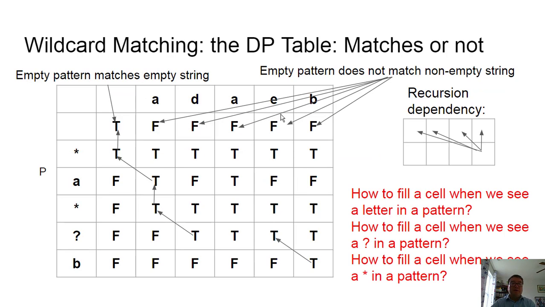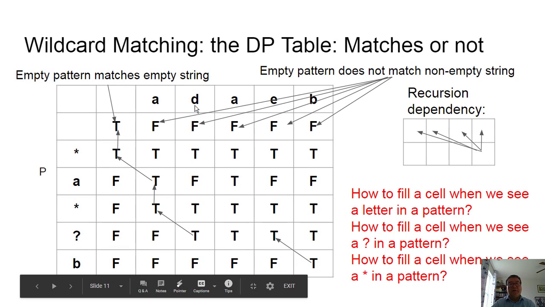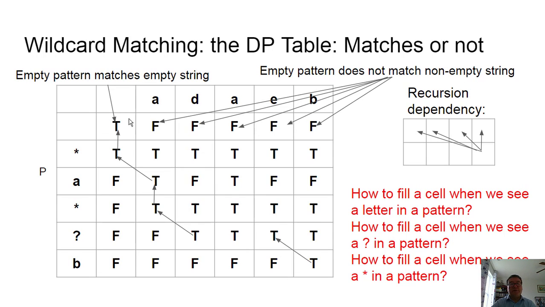So again, we are using this two-dimensional table. Each row is for the pattern, so horizontally we have the string, and vertically we have the pattern. The initialization value actually requires a little bit of thinking.